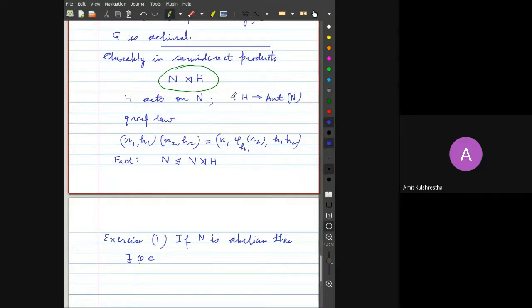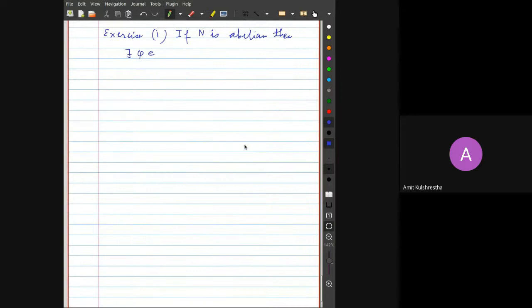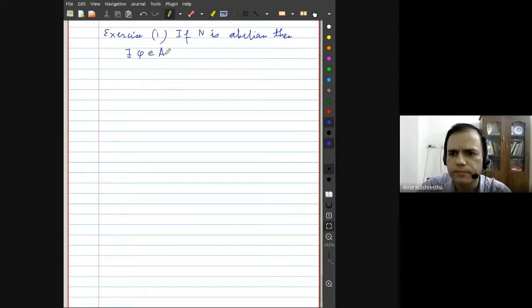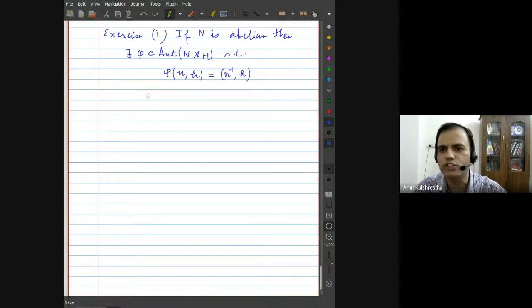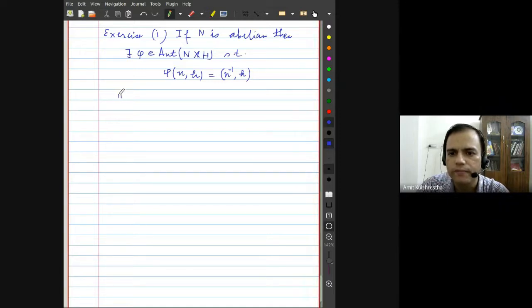Maybe psi. So then there exists an automorphism of this semi-direct product such that it acts as inversion on N and identity on H. So basically you define a map like this and show that it is an automorphism. So there is an automorphism which inverts N but keeps H intact.